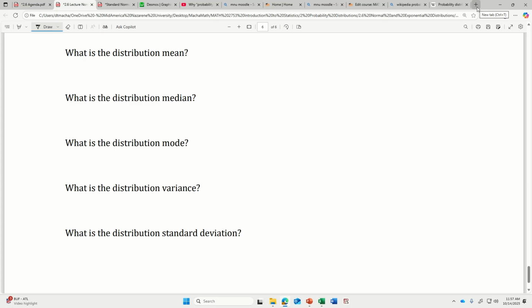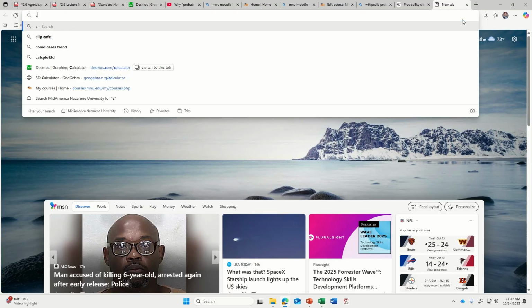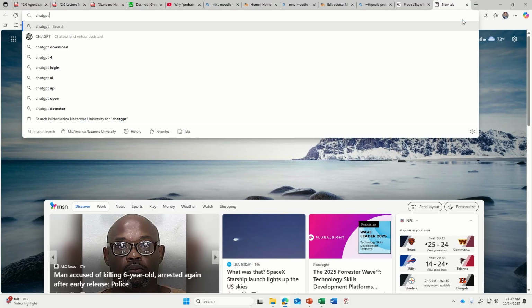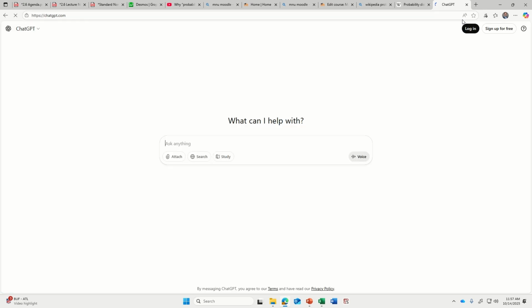Maybe the trickiest one is figuring out the difference between binomial and Poisson. For a Poisson distribution, you're going to be given an expected frequency. For a binomial distribution, you're going to see a certain number of trials with a probability of success in each trial. But here's what I want each of you to do before Friday. Go to chatgpt.com.